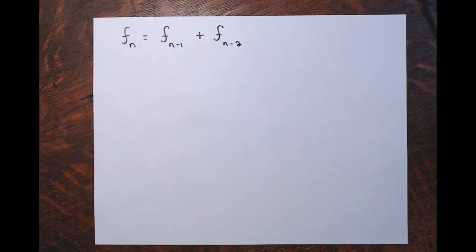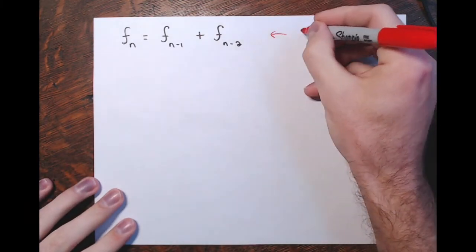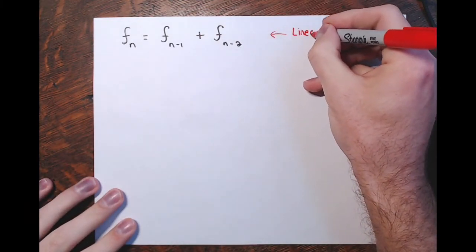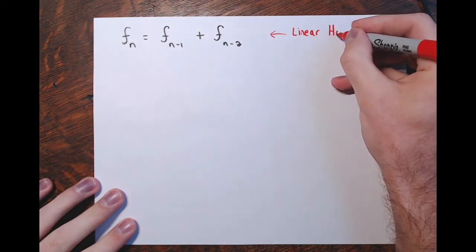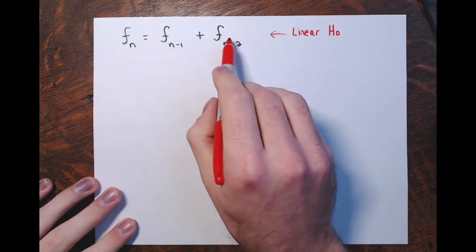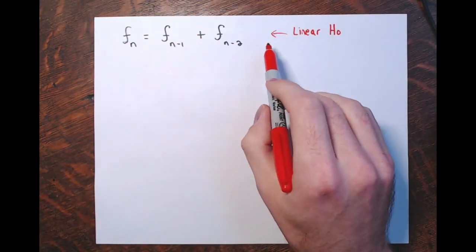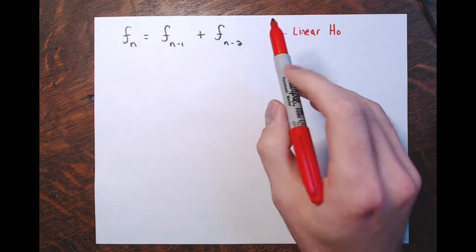Okay, so here I have the recurrence rule for a Fibonacci sequence. And again, hopefully you recognize it as linear homogeneous. Every term is a linear combination of previous terms, and there's no other term being added after.